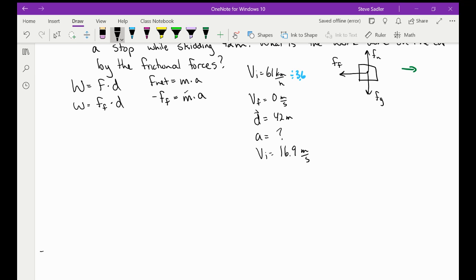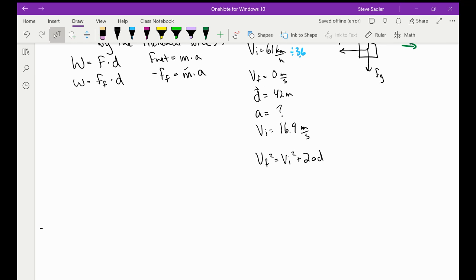So we can use the formula Vf squared is equal to Vi squared plus 2AD. And we are trying to solve for A. So Vf squared minus Vi squared all over 2D will equal A. That is your formula manipulation using algebra.